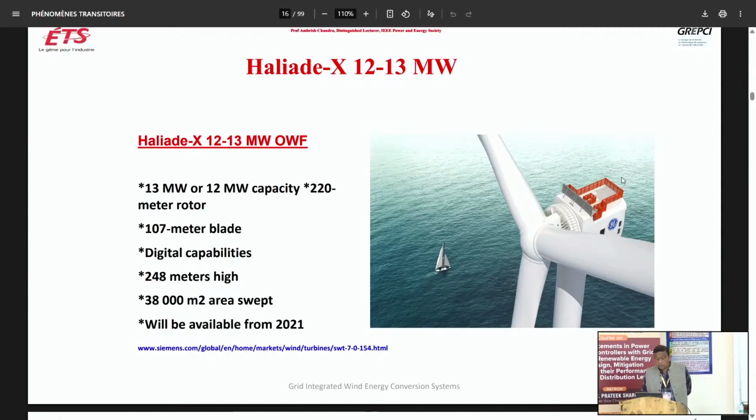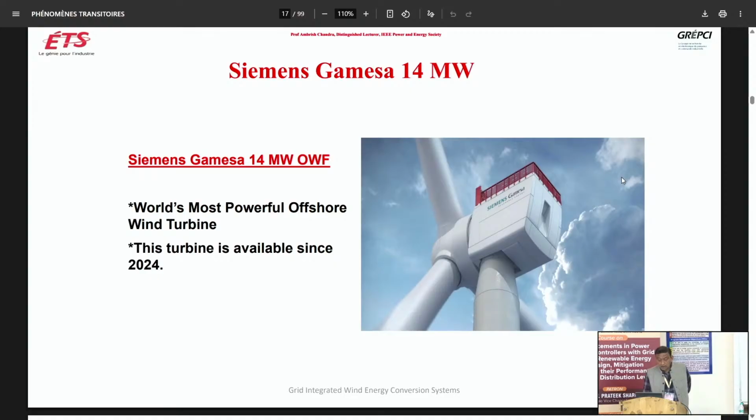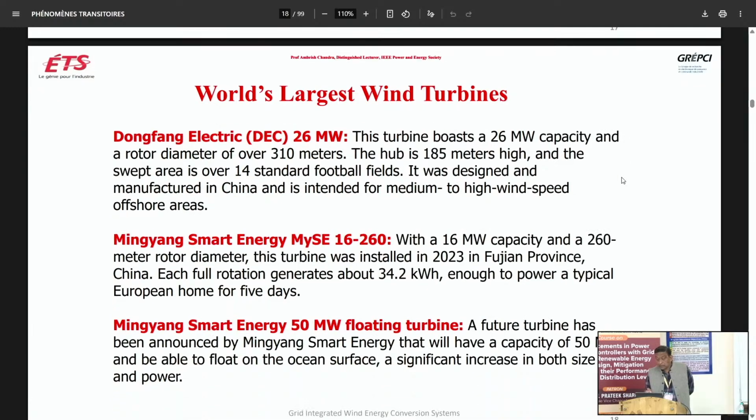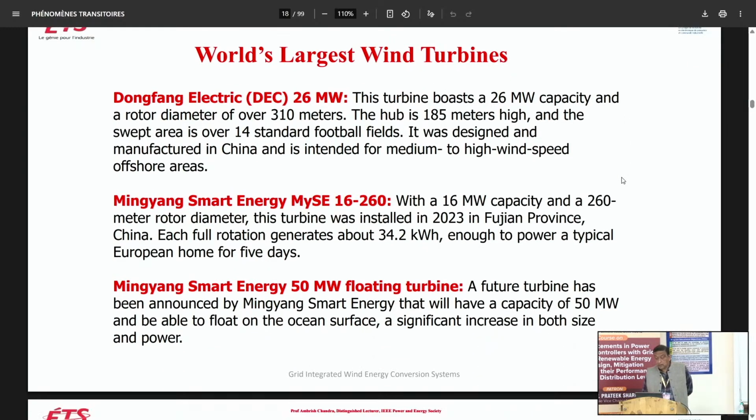Siemens Gamesa, 14 megawatt, the world's most powerful offshore wind turbine. It was available, but I don't know who is using it, or if they have enough orders for that, it's difficult to say. So the world's largest wind turbine, Dongfeng Electric, 26 megawatt, I think it is still under construction, because some companies announce in advance so that for the future they are assured, whoever is building offshore wind farms, so they should keep in mind that this machine will be available.